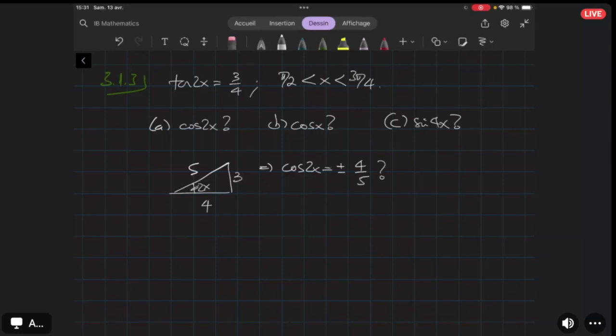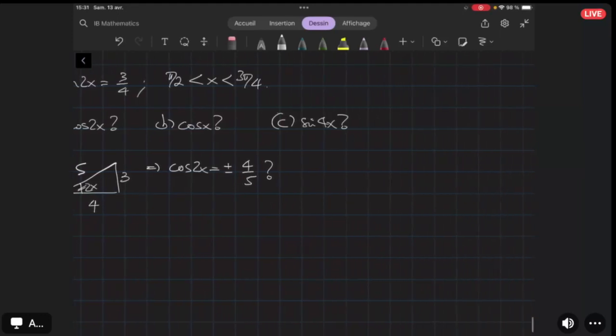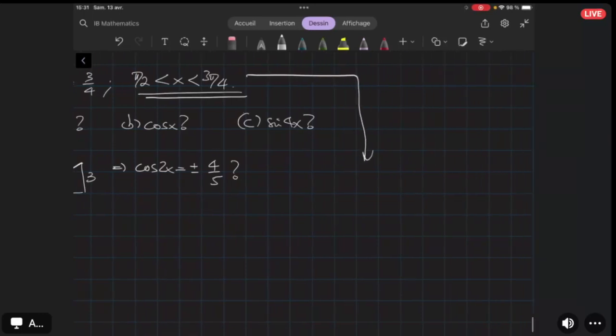How do we know which interval, which sign it would take? Look at the interval you're given. The range you're given is between pi over 2 and 3 pi over 4. Pi over 2 less than x less than 3 pi over 4, multiplied by 2, pi less than 2x less than 3 pi over 2.